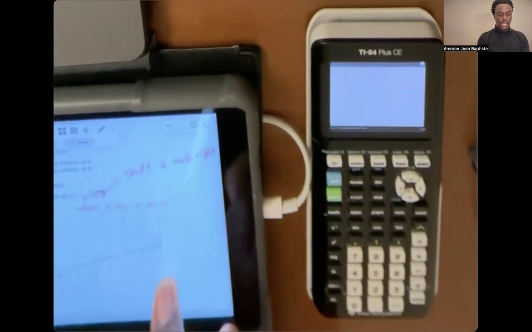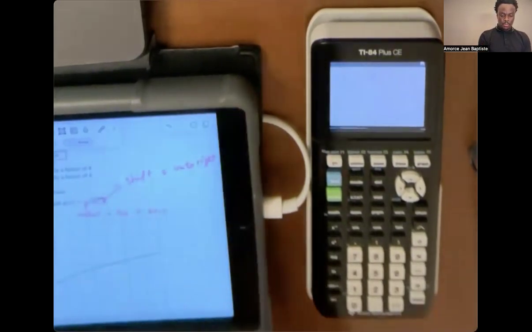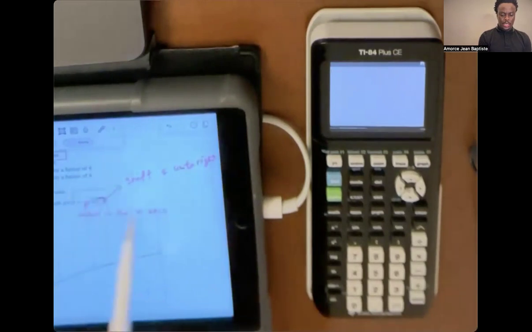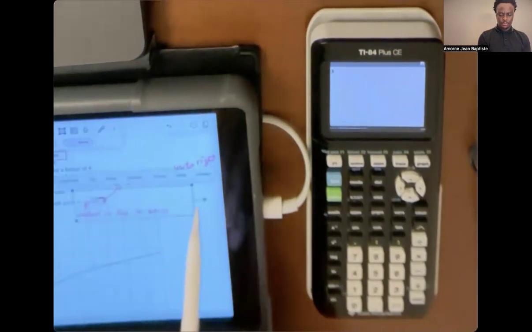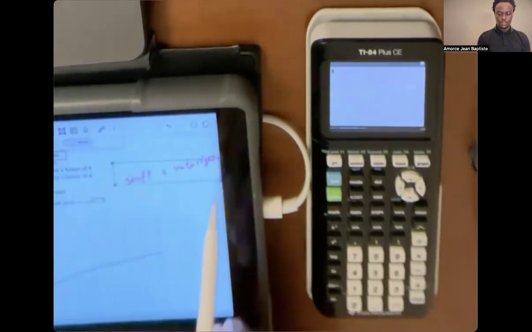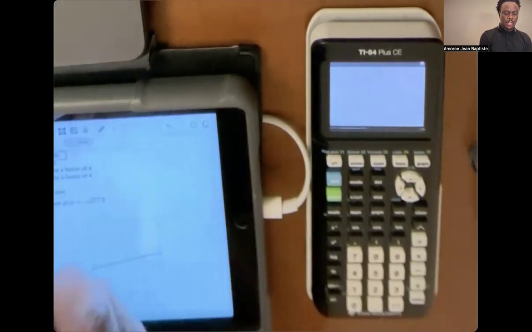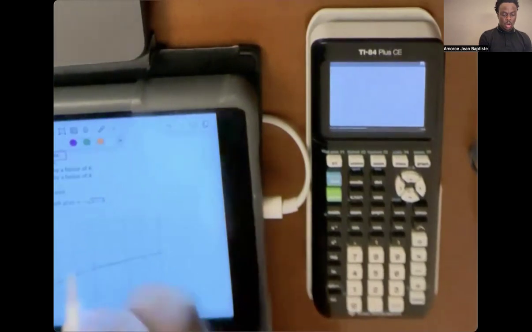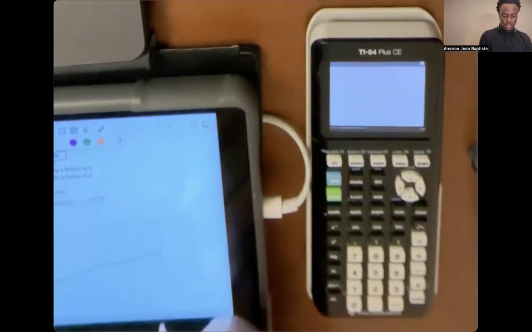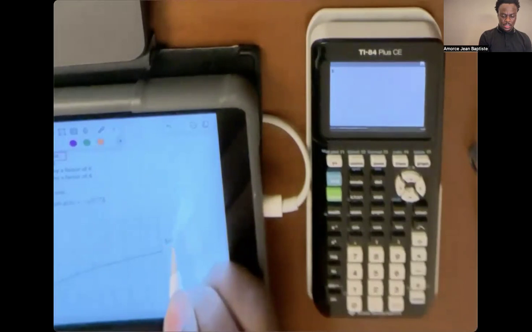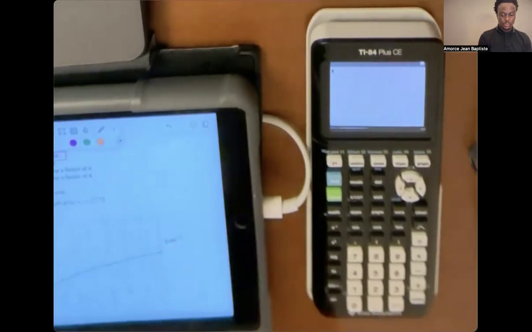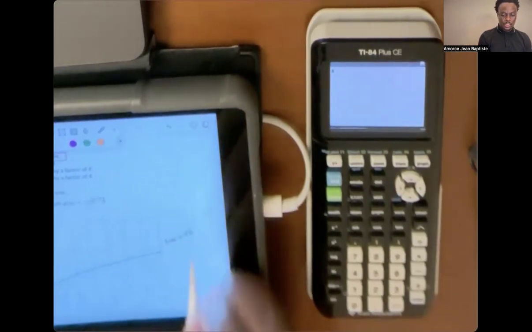And we're not going to forget that what we are graphing is this new function here. And the parent function is already given to us. So that's f of x equals the square root of x.